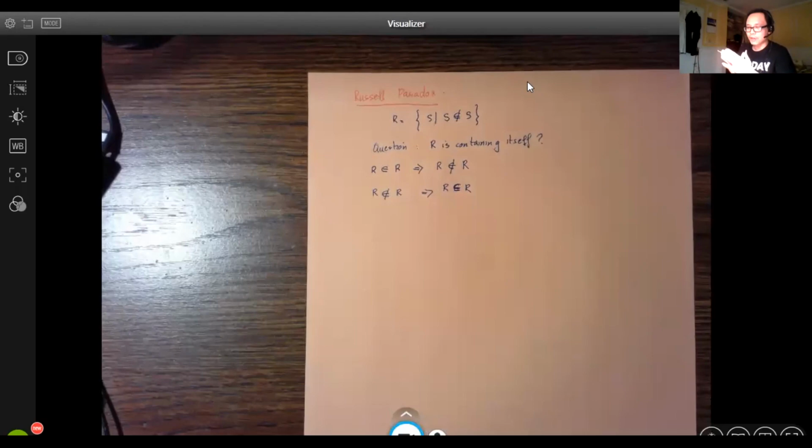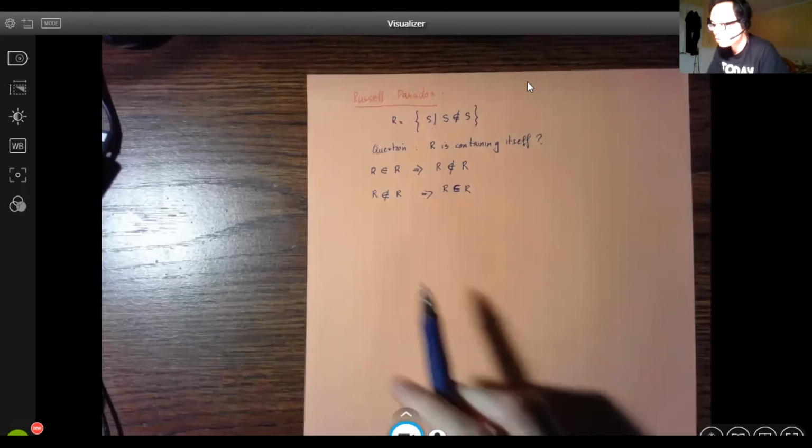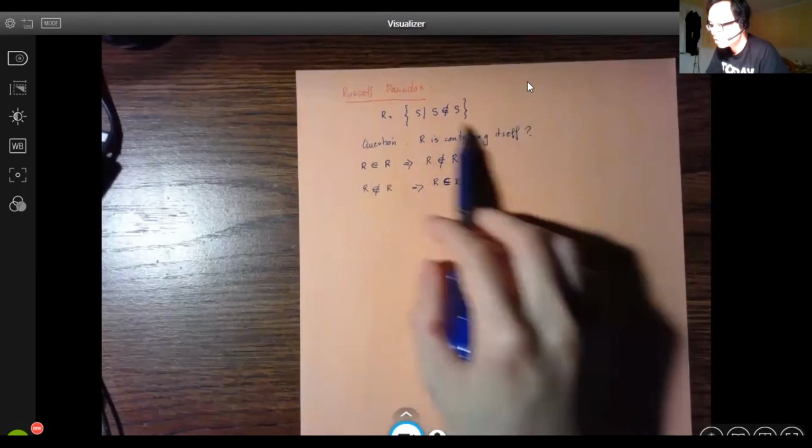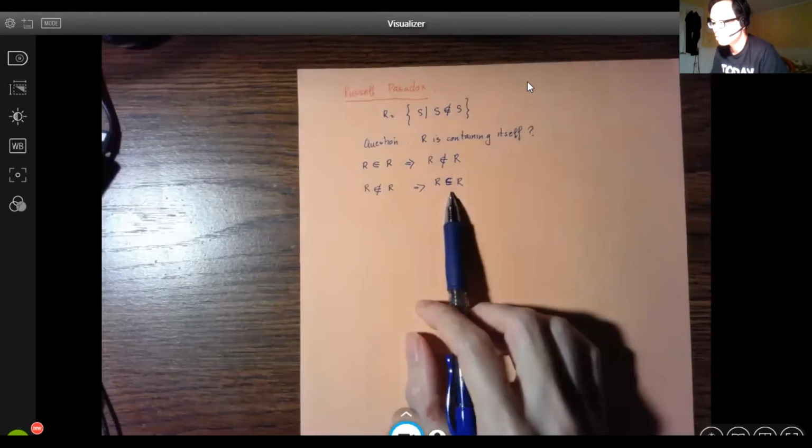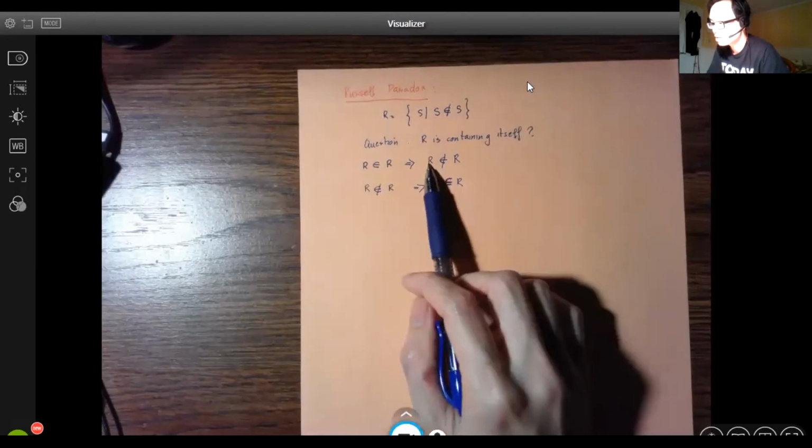So how are we going to fix it? In order to fix this, we must have a level for all the sets. What I mean is that sets must have a hierarchy, because you can see there is contradiction everywhere here, contradicting this and this also.